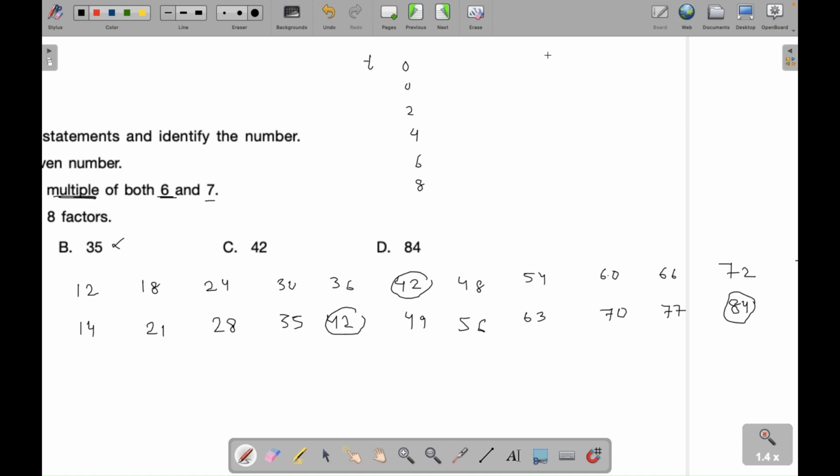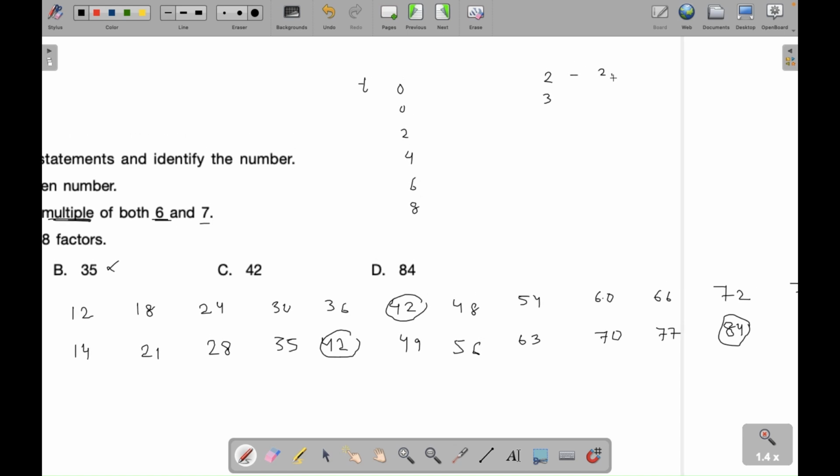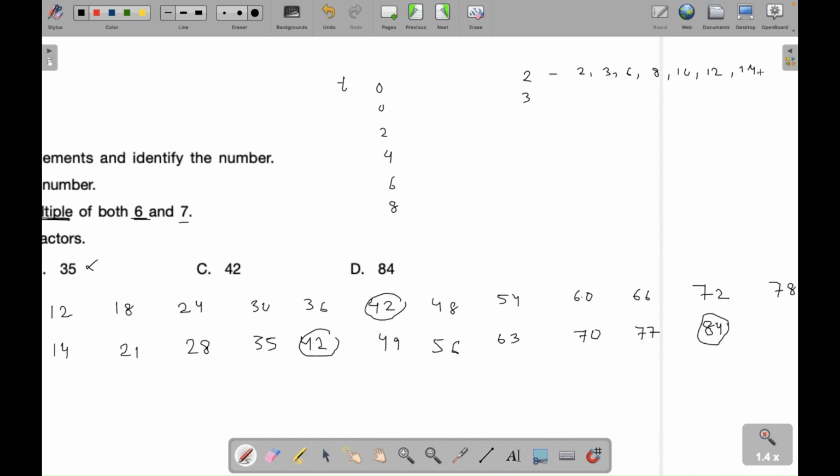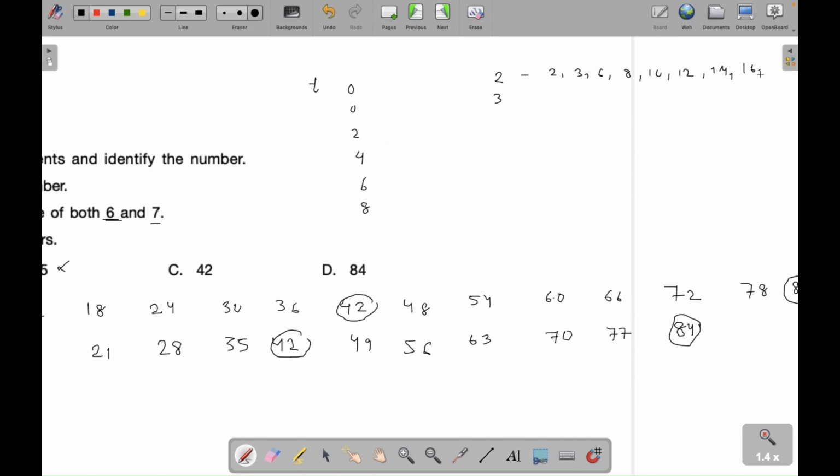If I give you a simple example, say 2 and 3. Multiples of 2 are 2, 4, 6, 8, 10, 12, 14, 16, 18, and so on. Multiples of 3 are 3, 6, 9, 12, 15, 18, 21, and so on.